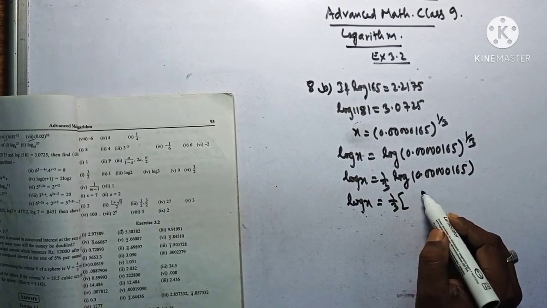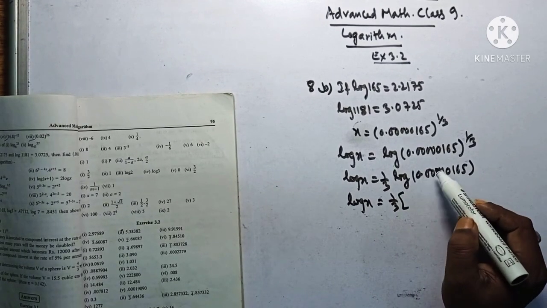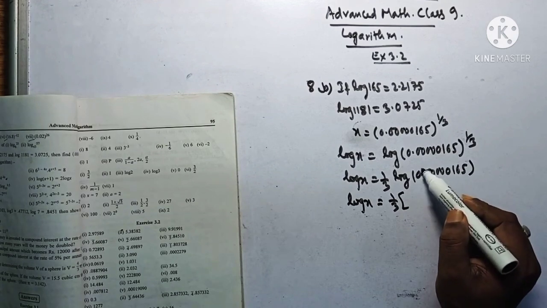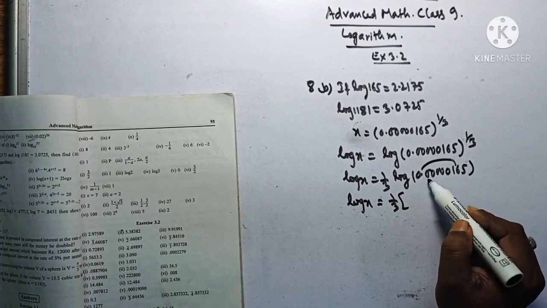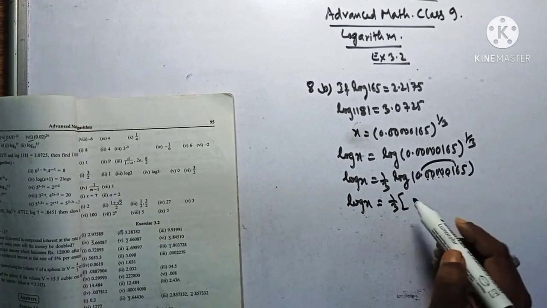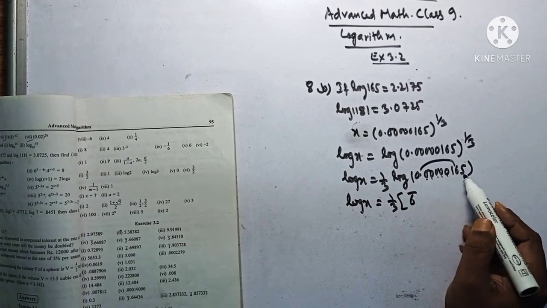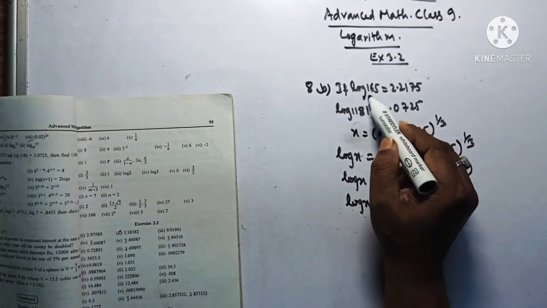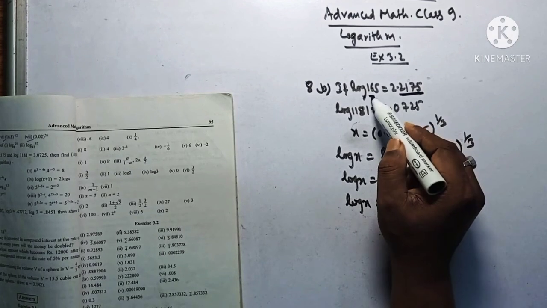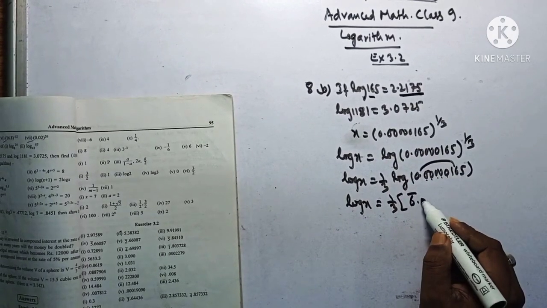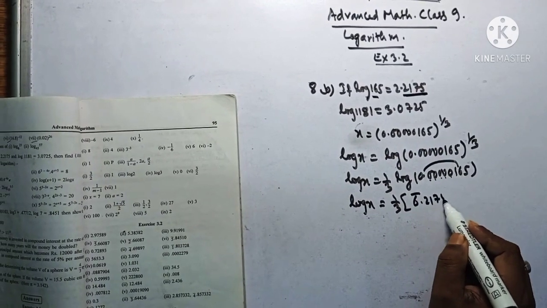Your characteristic will be, see, here 1 2 3 4 5 6, so 6 bar and 16.5. Your log 16.5 has the value 0.2175.